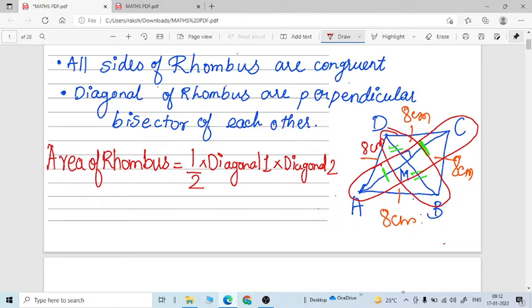Now let's start solving. Practice set 15.2, textbook page number 97.